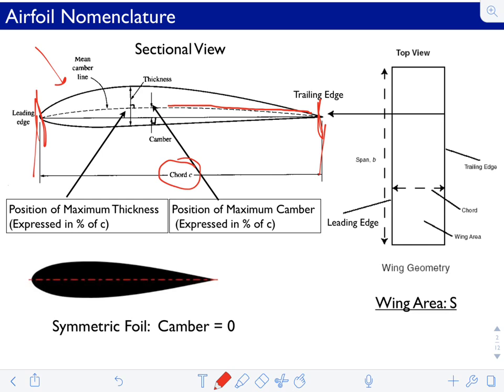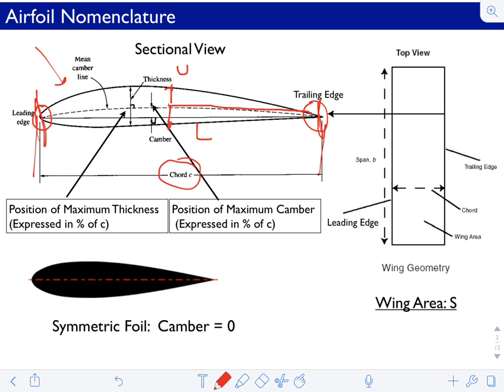Basically, this line represents the intermediate position along the chord between the upper surface and the lower surface, and is defined by that dashed line. We also have a line connecting directly the leading edge to the trailing edge, and that is the solid black line right there.